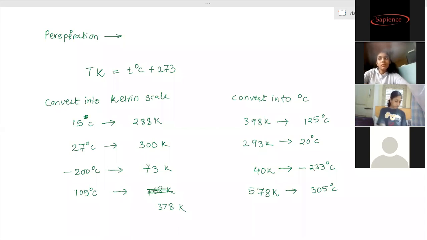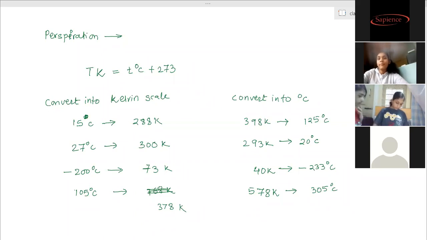Now when you apply pressure on a solid, what will happen? Applying pressure means you are compressing it. So the particles come closer.